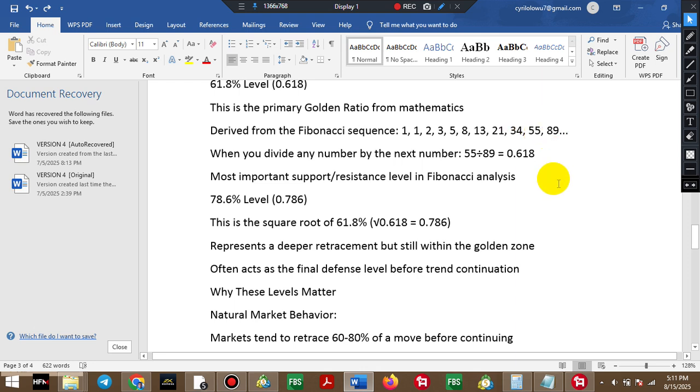So any of these numbers, if you take the lowest and divide it by the highest, it's going to give you 0.611, then with other digits.